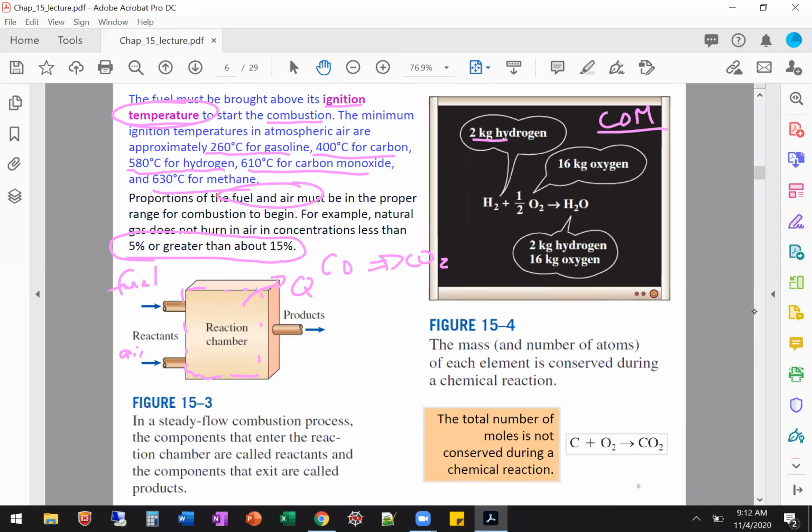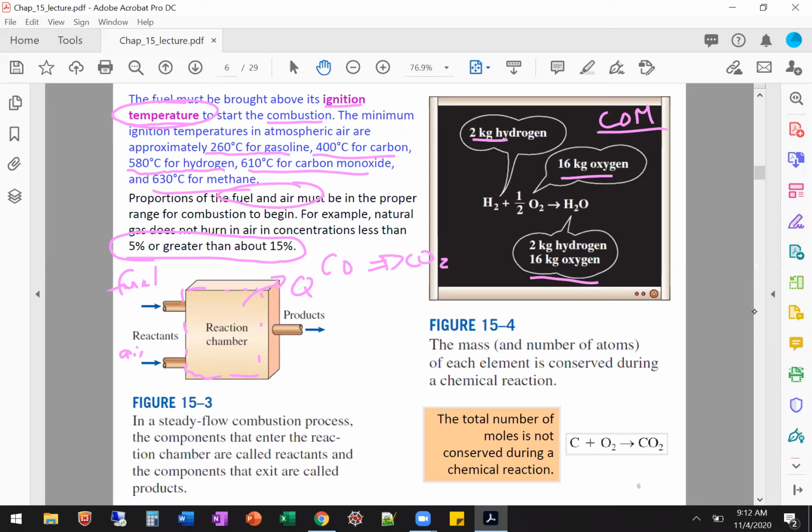The mass is still conserved. If we had 2 kilograms of hydrogen and 16 kilograms of oxygen, you're going to get 18 kilograms of water in that reaction. So when we balance the reaction by looking at, oh, there are 2 hydrogens on the left and 2 hydrogens on the right, we're basically doing the conservation of mass.